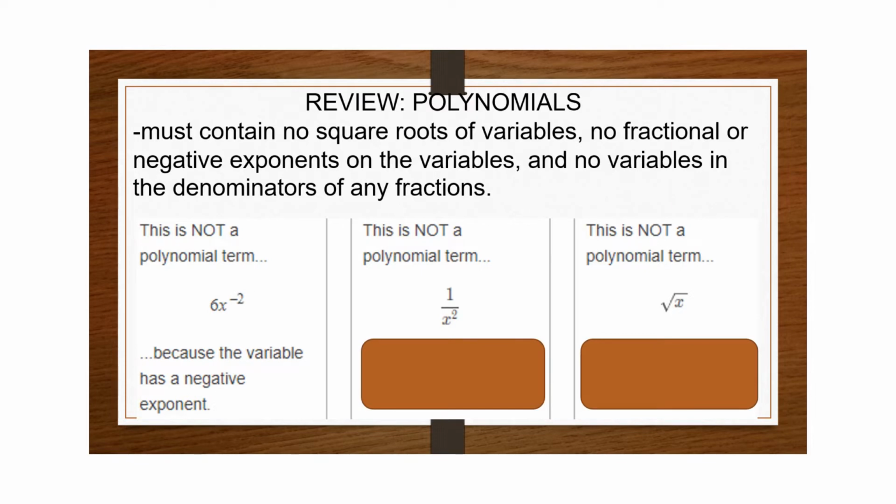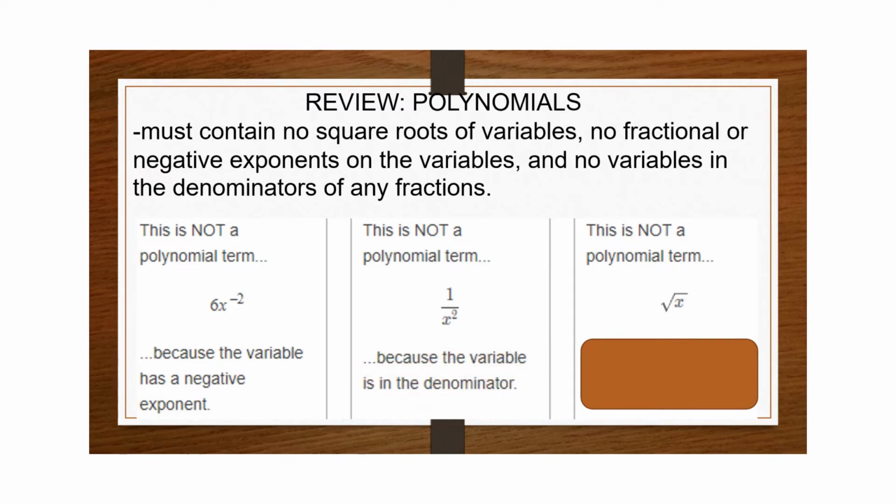The next example, 1 over x squared. This is also not a polynomial term. Why? Yes, it's because the variable is in the denominator. Remember, there should be no division by a variable for any polynomial.